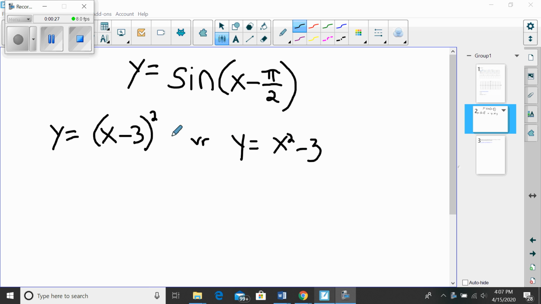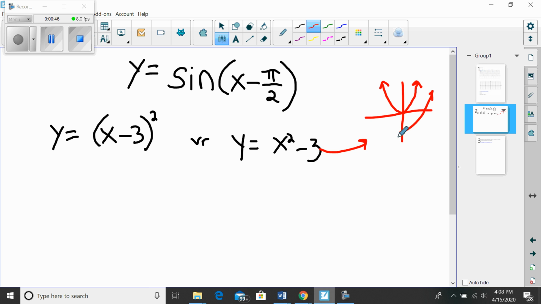All right, so you should remember from earlier in the semester that if we took our standard parabola, y equals x squared, and subtracted 3, this one shifts it down 3 units.